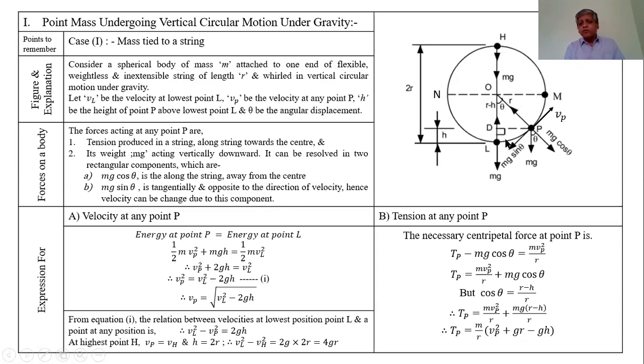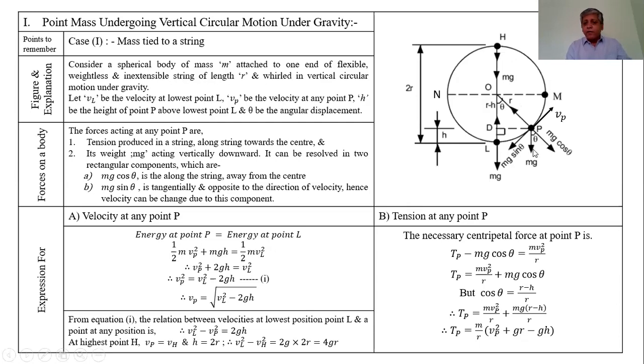Or we can also express it as the change in kinetic energy being equal to the change in potential energy. We can find these relations using either approach, but here I explain it by the law of conservation of energy: the energy at any point is exactly equal to the energy at the lowest point.